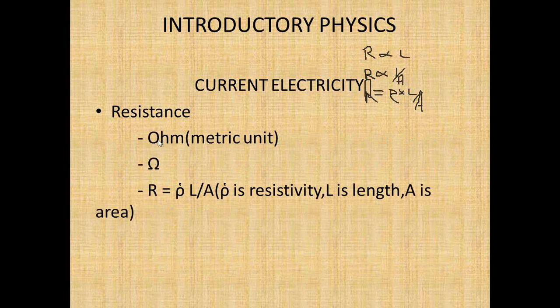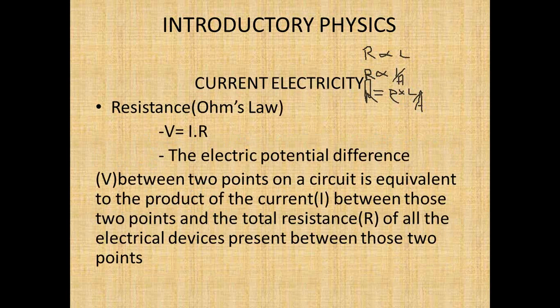Again, the resistance is measured in ohms. This is the symbol. So when you plug everything into your equation, the resistivity is ohm meter. All right. Now, let's talk about Ohm's law. This is a crucial equation in current electricity.